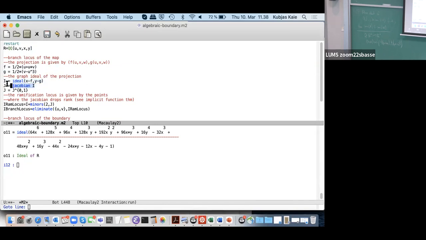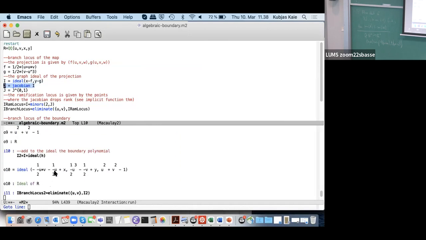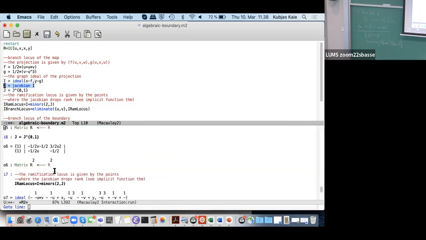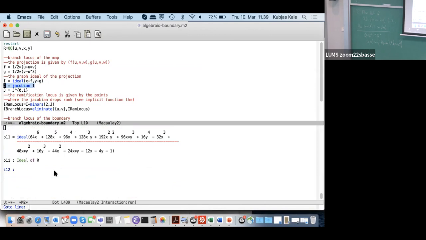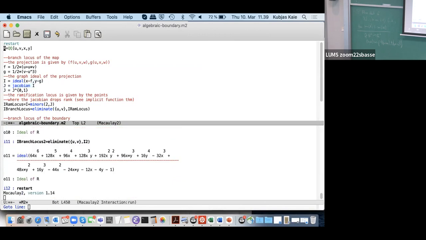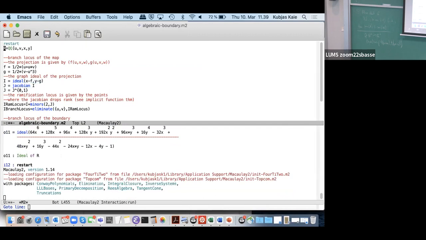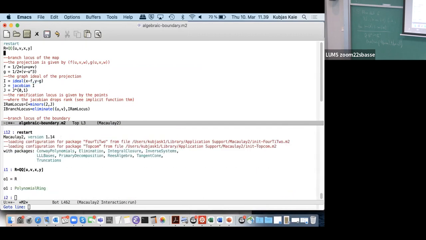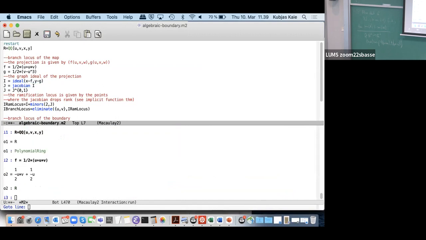Let me do the computations at the same time so that you can see what's happening. So let me restart. So this is the polynomial ring, polynomial 1, polynomial 2, and this is the parametrization ideal.